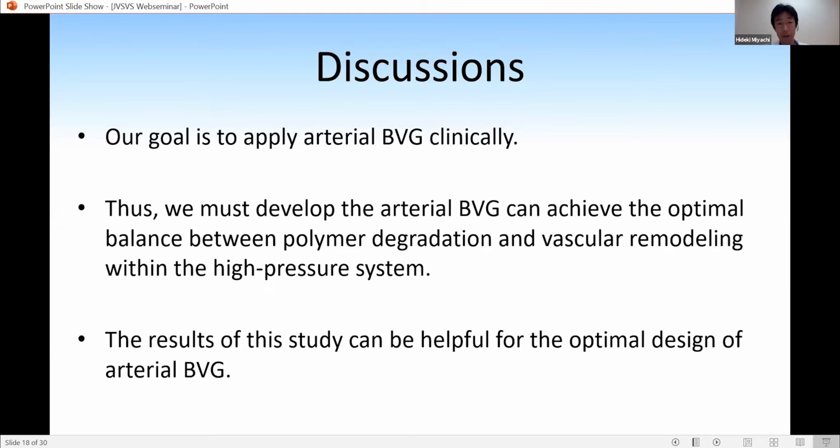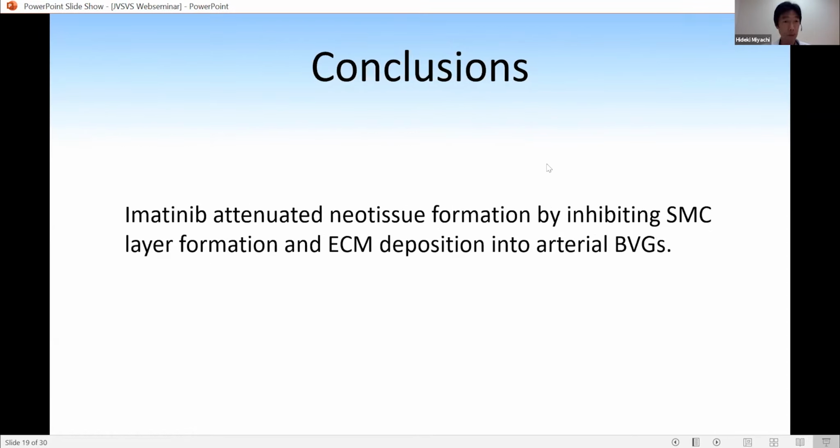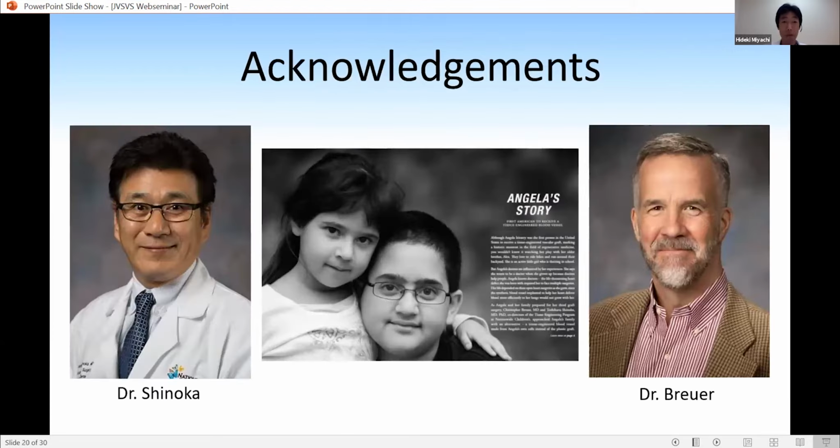The result of this study can be helpful for the optimal design of arterial BVG. In conclusion, imatinib attenuates neotissue formation by inhibiting SMC layer formation and ECM deposition in arterial BVGs.